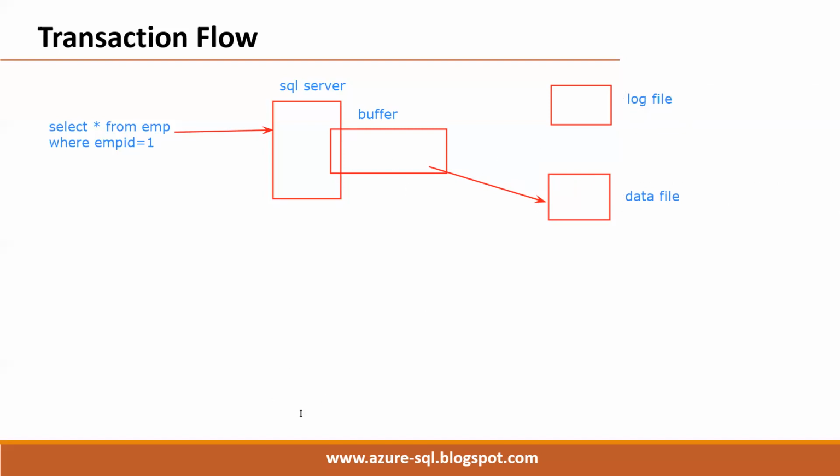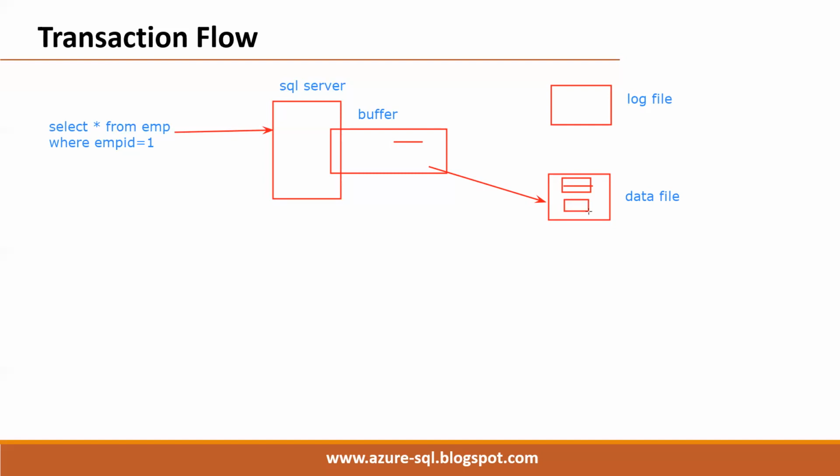In the data file, remember, the record is found with employee ID 1. What SQL Server will do, it will copy that record into buffer cache. Generally we'll see later, here in the data file, remember we have pages. A page is nothing but an 8 KB memory area.